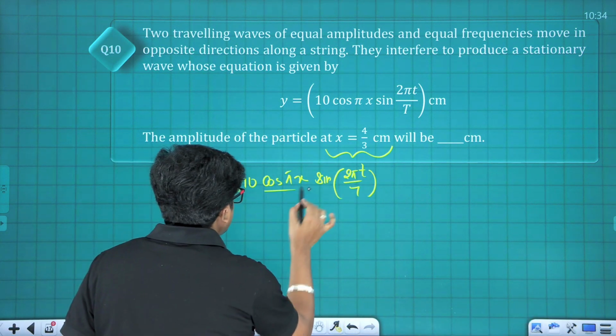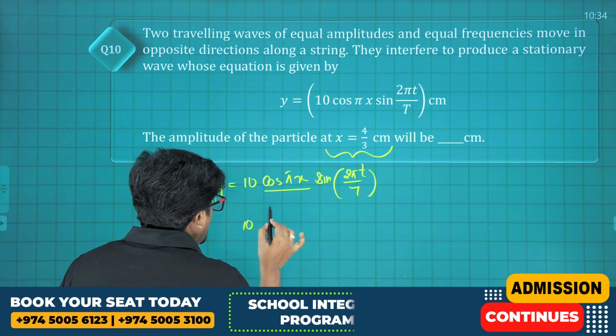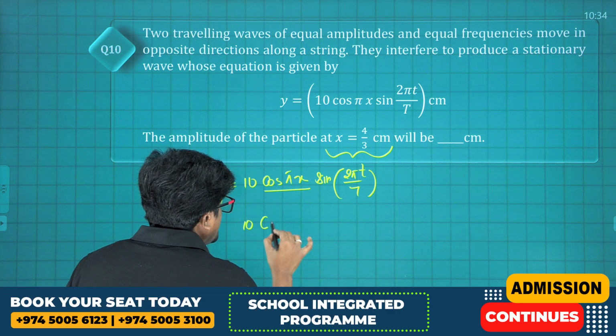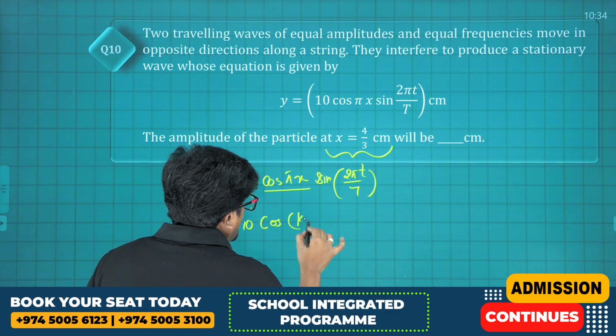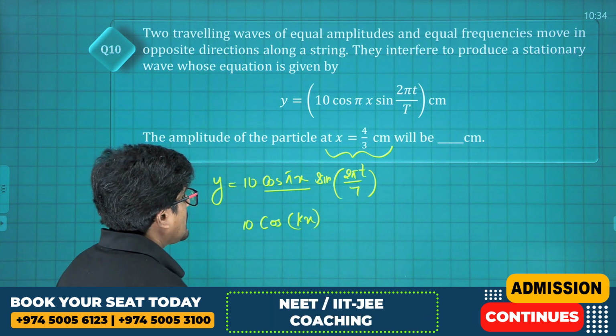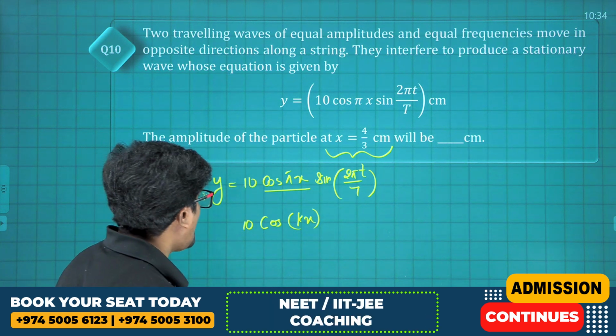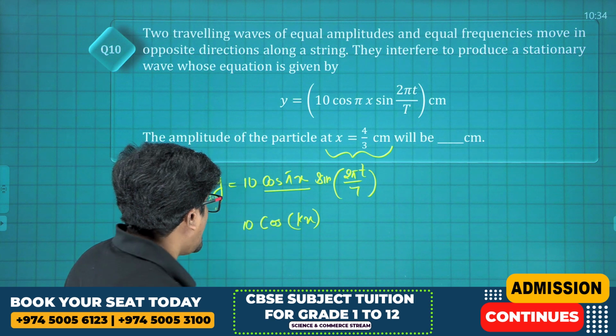So here, 10 into this part is basically cos of kx, isn't it? Fine. So here this is cos of kx.